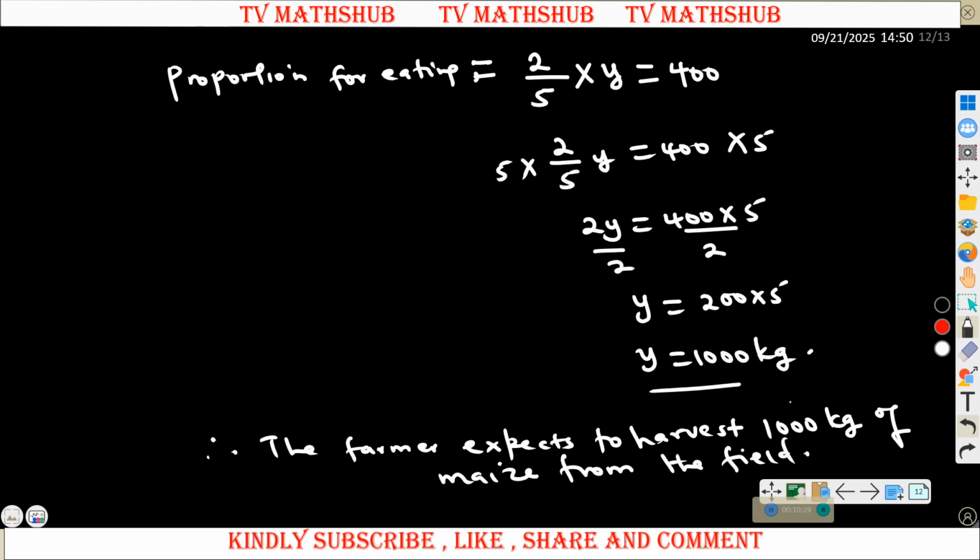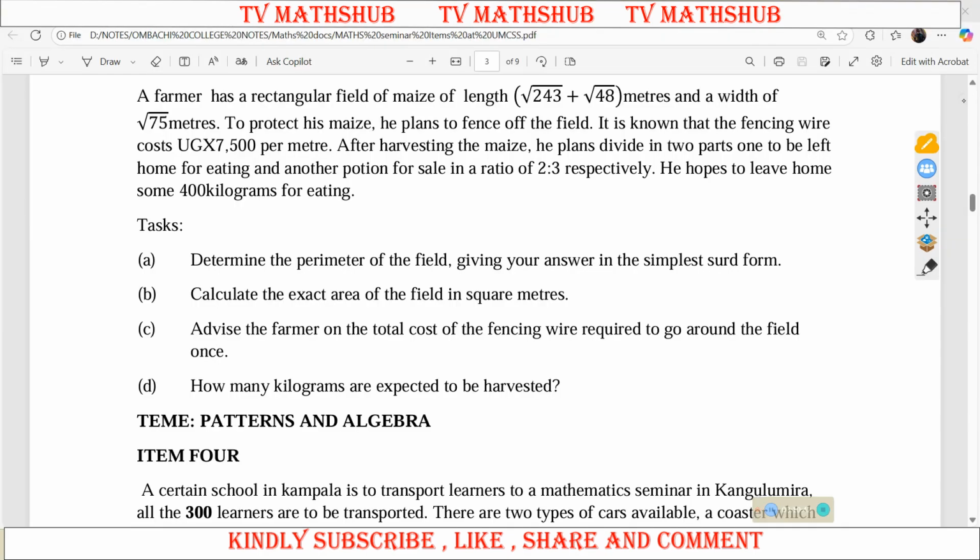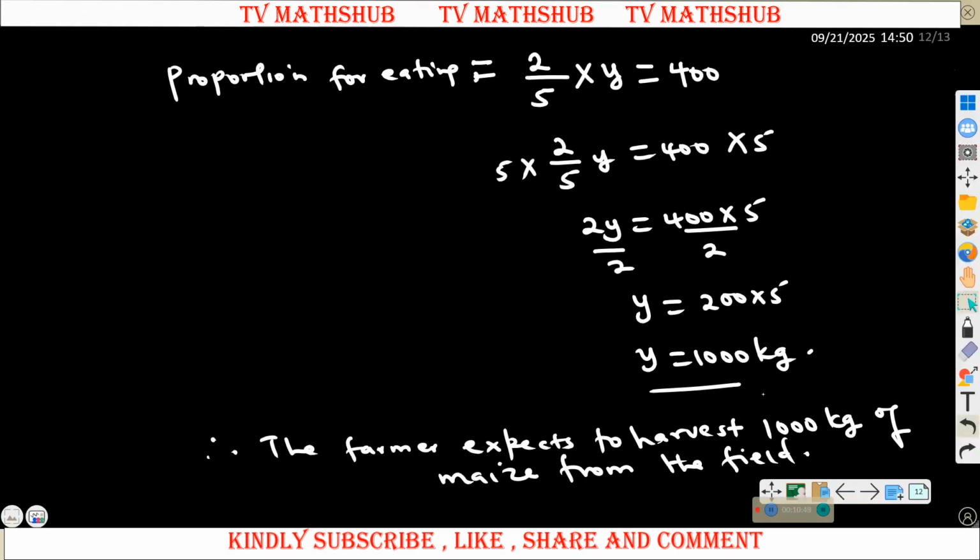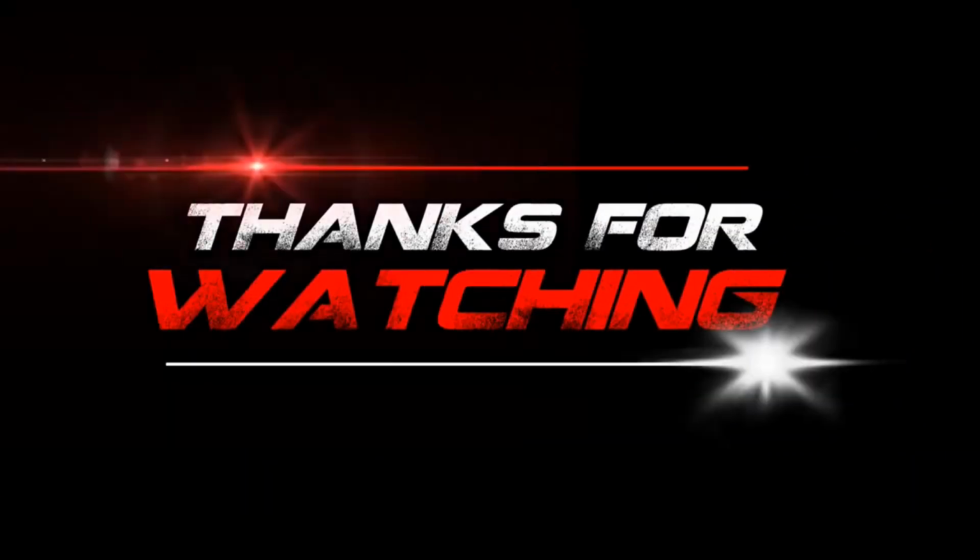If he harvests this, then he will leave the 400, which is the same as 2 out of 5 of the total harvest. So this part, how many kilograms are expected to be harvested, is answered. And that is all about item 2.